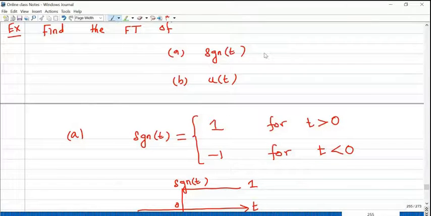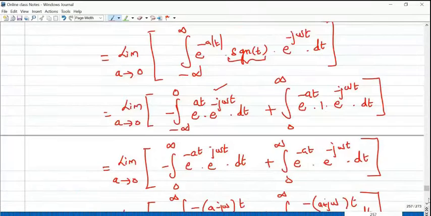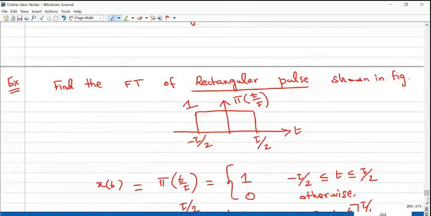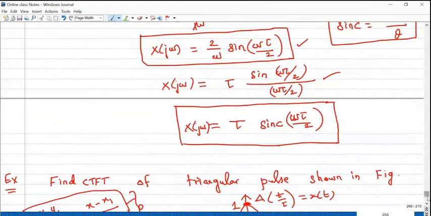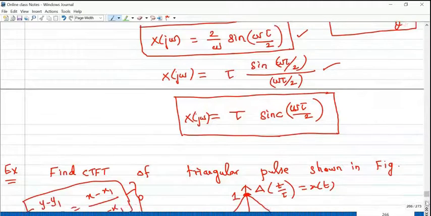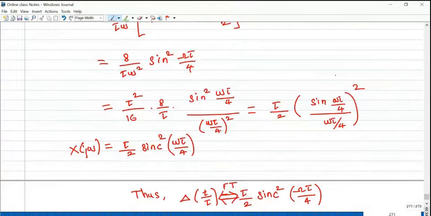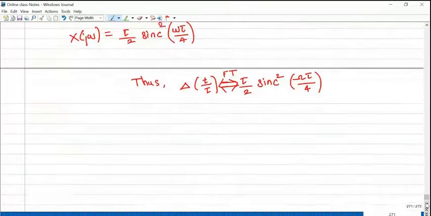So we should remember the formula: what is the Fourier transform of the signum function, what is the Fourier transform of u of t, of the rectangular pulse, the triangular pulse, and so on. Because later we will be solving some problems using properties of Fourier transform. So just go through these steps. I don't have time, so we will move on to the next topic.